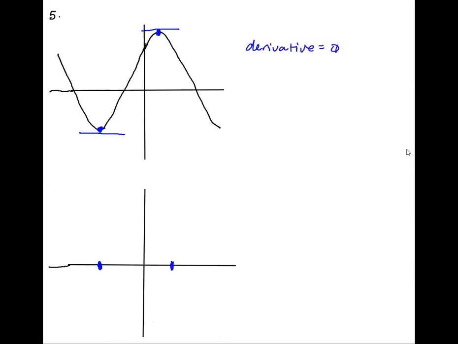All right. What do you think may be next? Where it's increasing and decreasing? Exactly. So let's break this down. It's going to be decreasing from here to here, which is analogous from here to here.